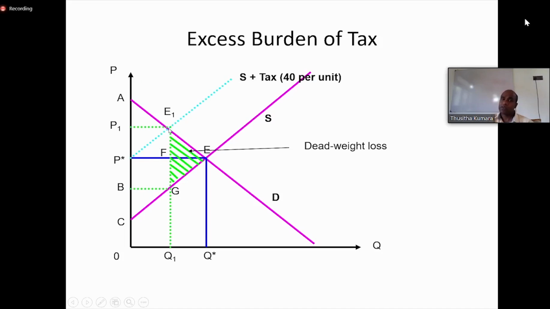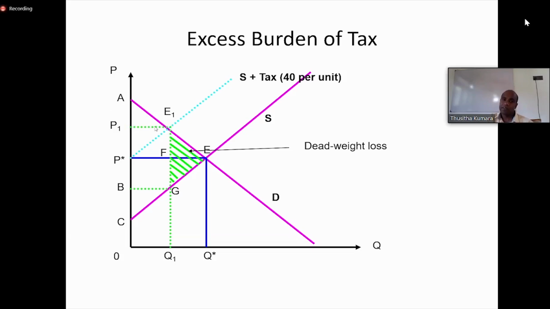And we get a new equilibrium E1, quantity will be Q1, price will be P1. Now what is the consumer surplus after tax? Before tax, it was A, E, P star. But after tax, A, E1, P1 will be the new consumer surplus.